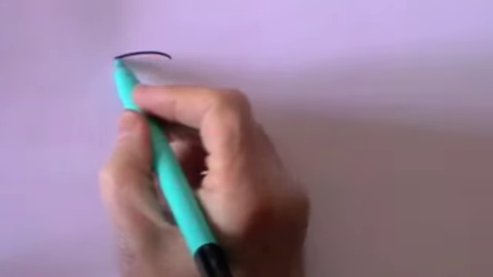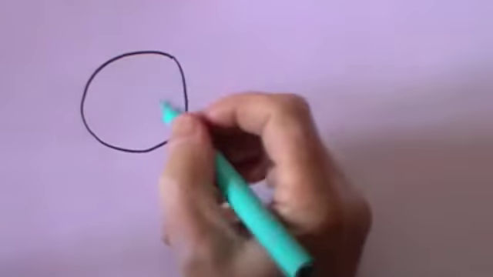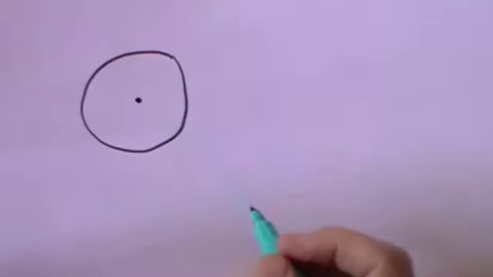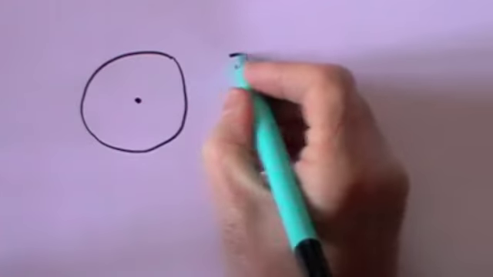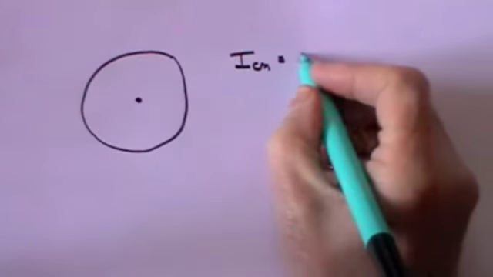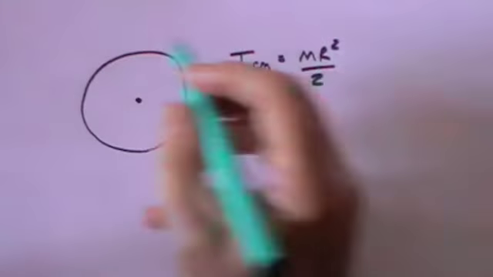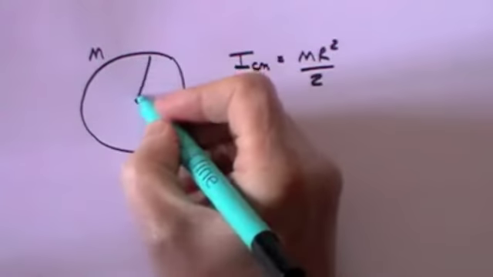Similarly, if you take a disk, we have calculated that the moment of inertia about the centre of mass for a disk is mr squared over 2, where m is the mass of the disk and r is the radius of the disk.